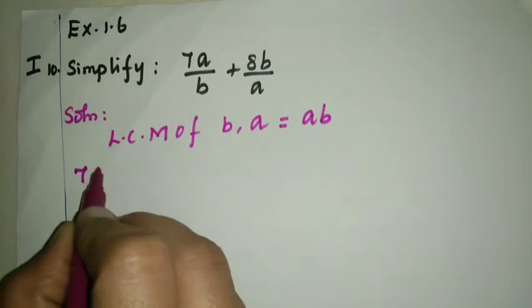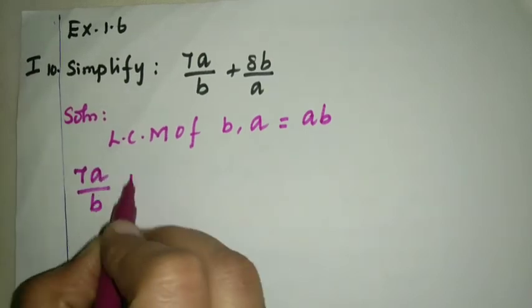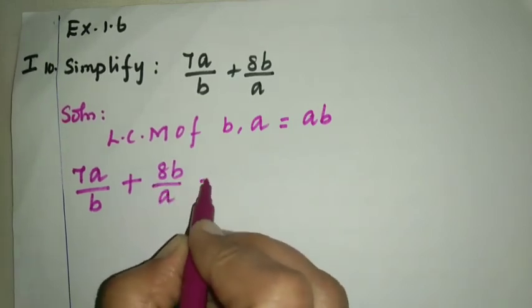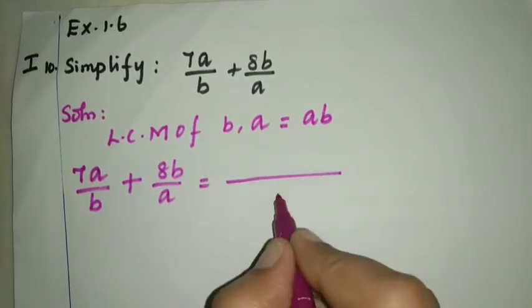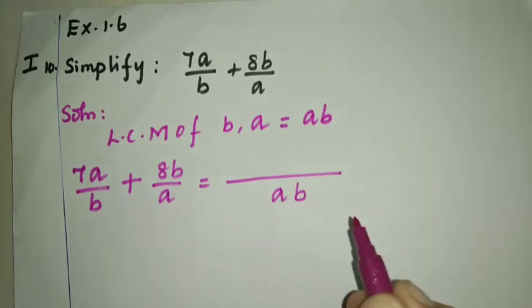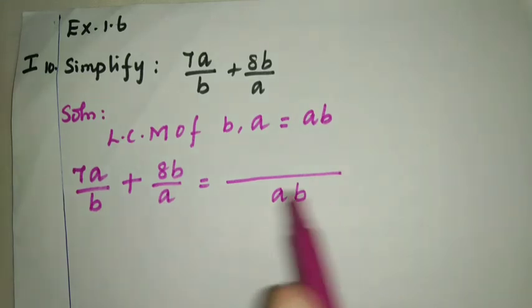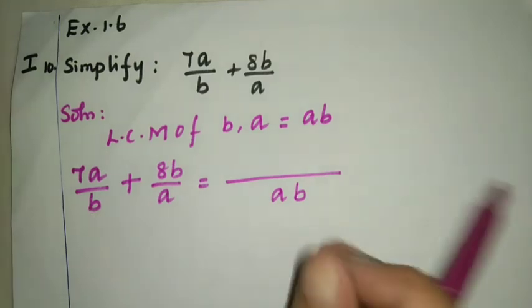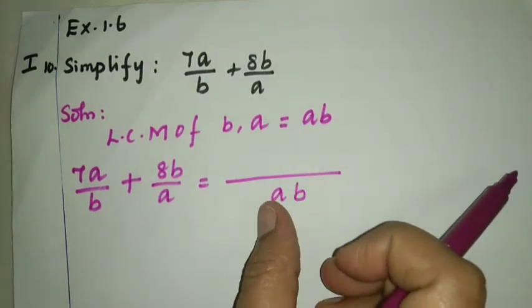Next, 7a by b plus 8b by a, which is equal to, the common denominator is ab. Here the first fraction is 7a by b. In the denominator we have b. Then what is the remaining variable? a.